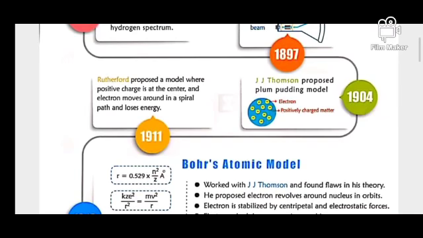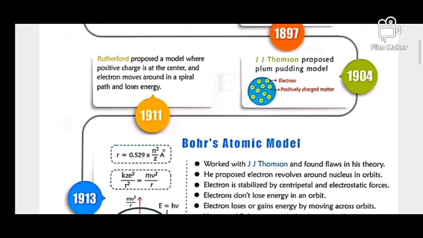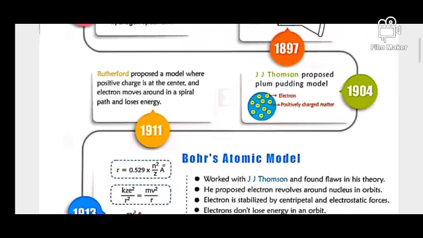What are the demerits? Rutherford said that while revolving around the nucleus, the positive charge, the electrons are losing energy. Some contradictions start from that statement. If the electrons are losing energy, as we know, if an electron loses energy it comes towards the ground state.